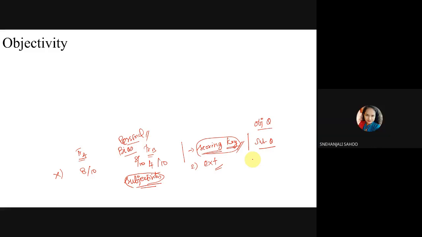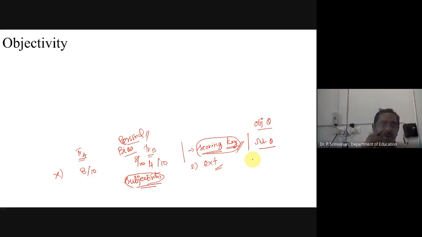Objectives are mainly MCQs or one-word answers, and subjectives will be longer paragraph answers. Correct answer. Good. Subjective questions are the 2 marks, 5 marks, 10 marks questions, etc. These are subjective questions where I can have my own say.